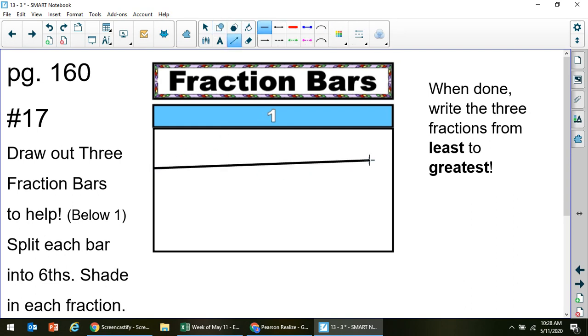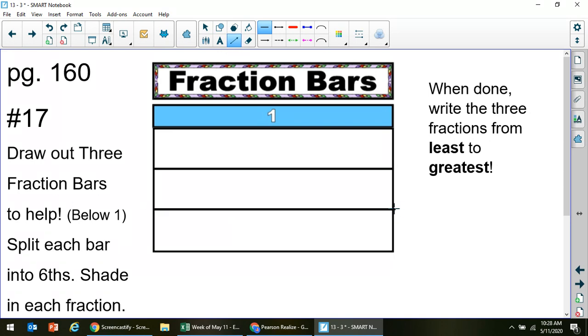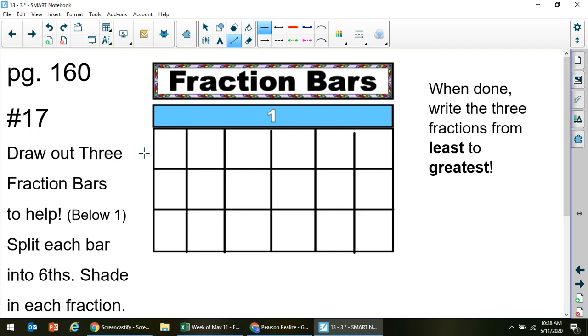Then you have a fraction strip you need to do for the 1/6, 4/6, and 5/6. So split them all into 6s, same exact size. So there's thirds here. I need to do thirds over here as well. And then from there, guys, color in 4 for 4/6, color in 1 for 1/6, and do the same for 5/6.